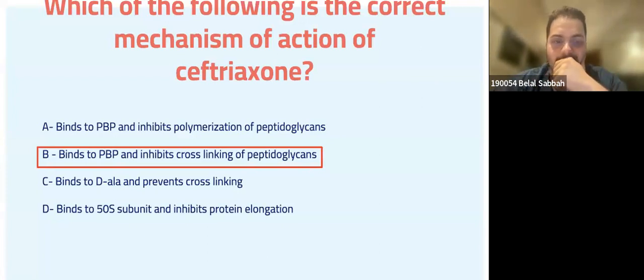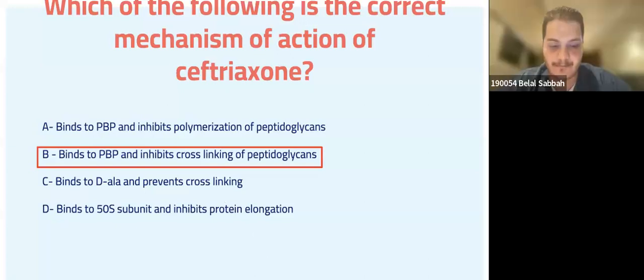Jude's asking, how is A penicillin? Well, I have it here in the notes from the previous presentation that this is penicillins. Why do you think it's not penicillin? Because we didn't take that it inhibits polymerization. So what did you take? Let me do a quick search on Amboss just so I'm not giving you guys anything wrong.